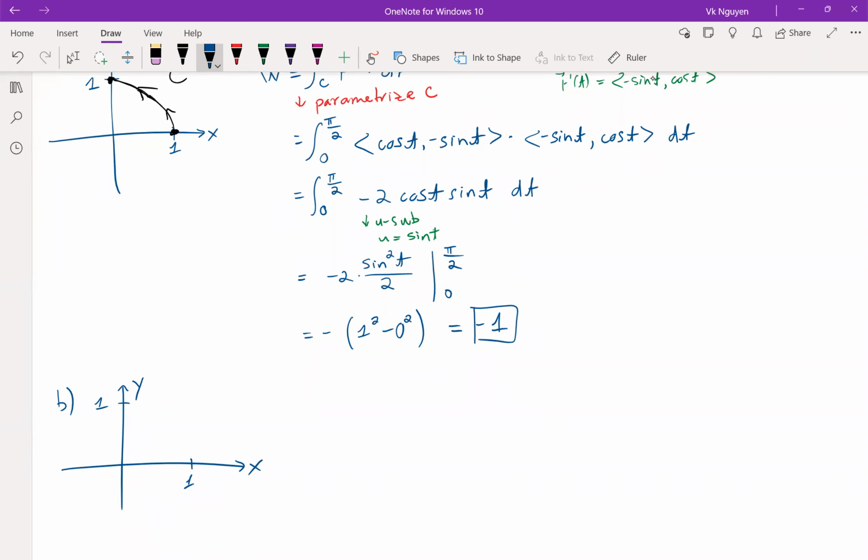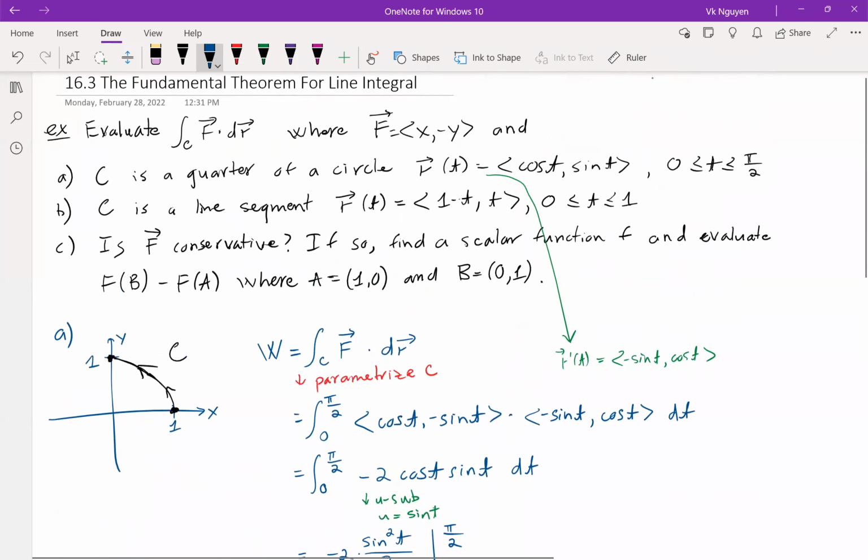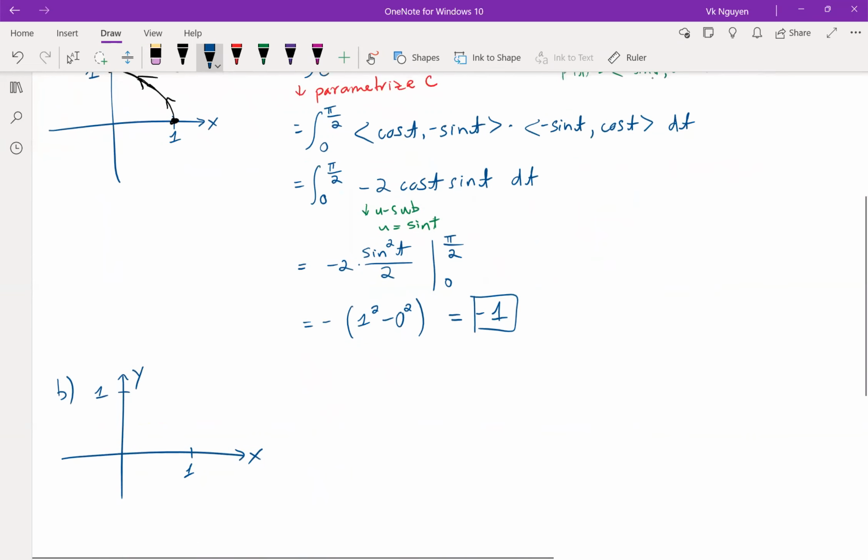If you plug in t equal to 0, you get (1, 0), and for t equal to 1, you get (0, 1), so it's this line segment right here.